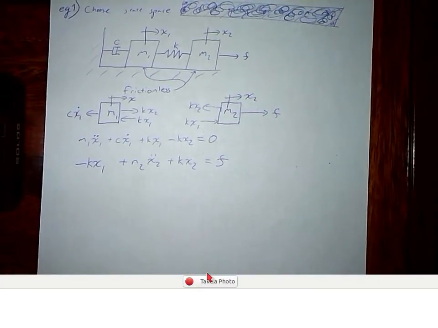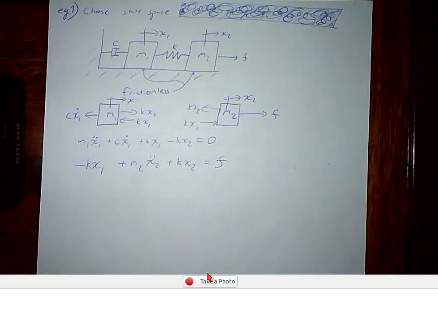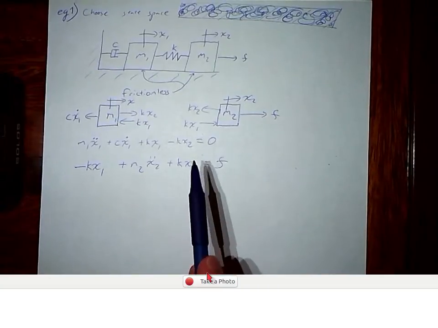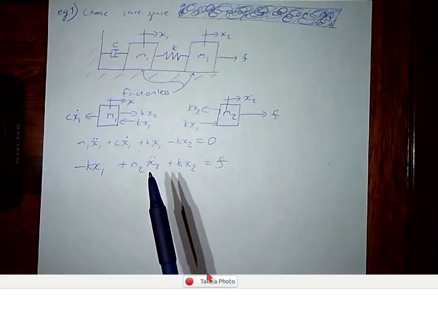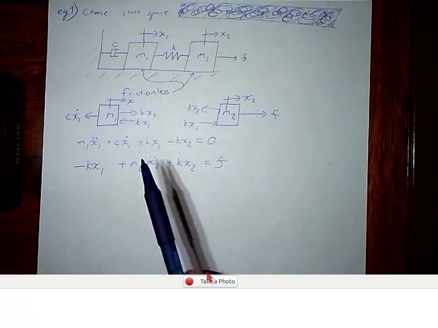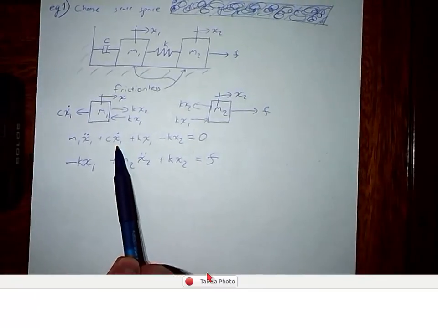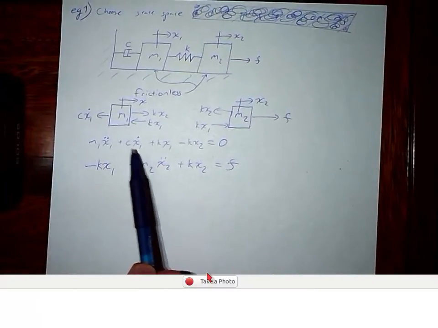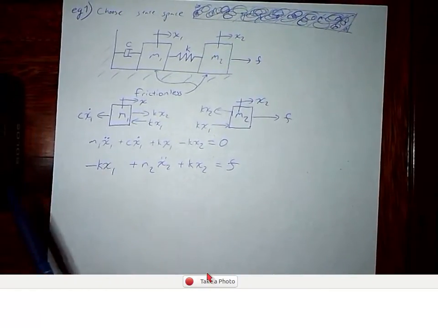So we said now we need to choose our state variables, and I said that we're going to choose those based on the variables in our differential equations that have time derivatives. So x1 has a time derivative, x1 dot, and x1 dot has a time derivative, x1 double dot.